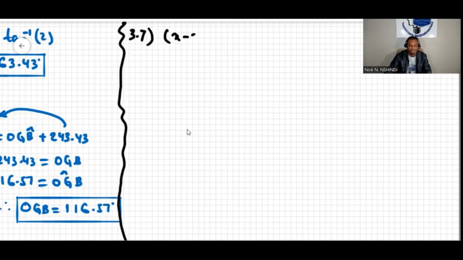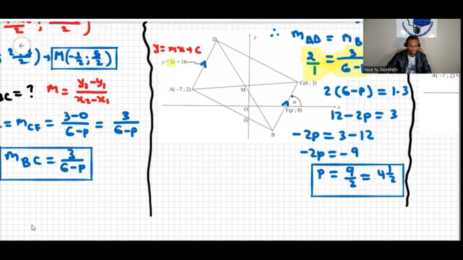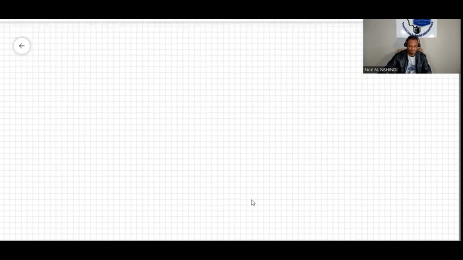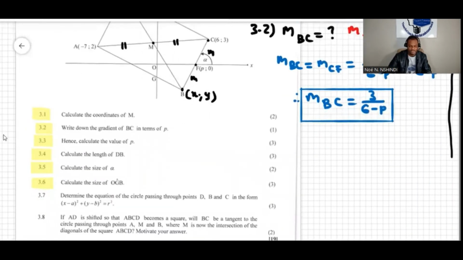I need to find the equation of the circle passing through D, B, and C. That's the equation 3.7. Determine the equation of the circle passing through points D, B, and C in the form as given.